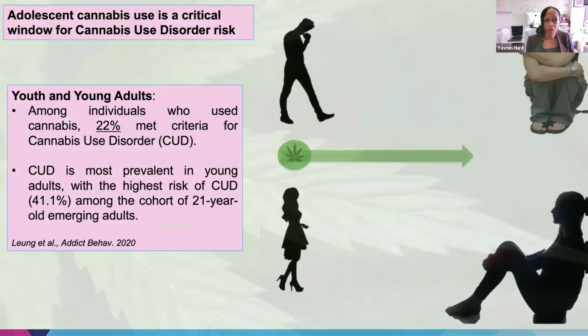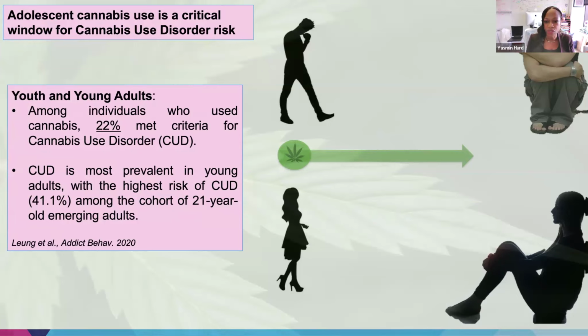So why is this important? It's important because adolescent cannabis use is a very critical window for future cannabis use disorder risk. In fact, among youth and young adults who use cannabis, about 22% of them will meet criteria for a cannabis use disorder, and it was most prevalent among young adults compared to the cohort of 21-year-old emerging adults.